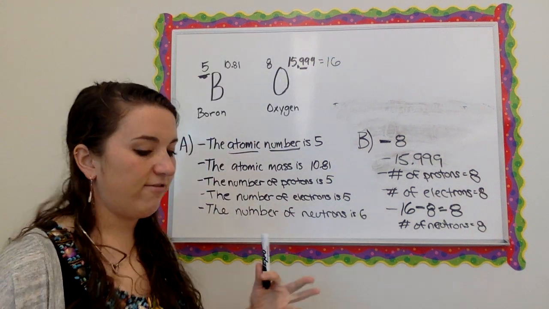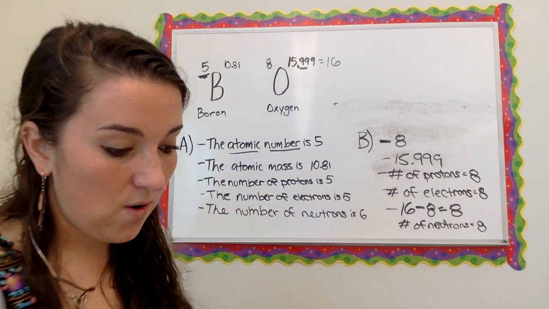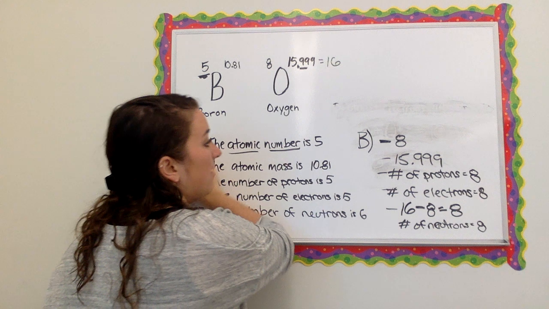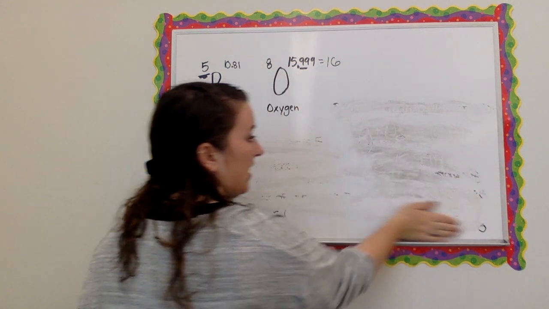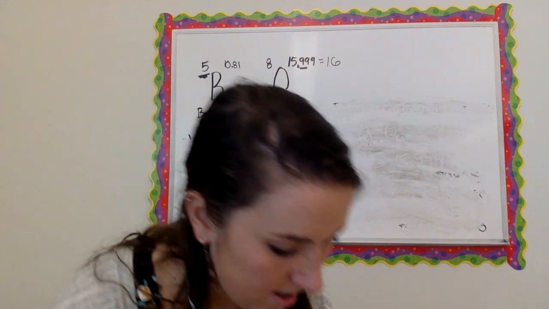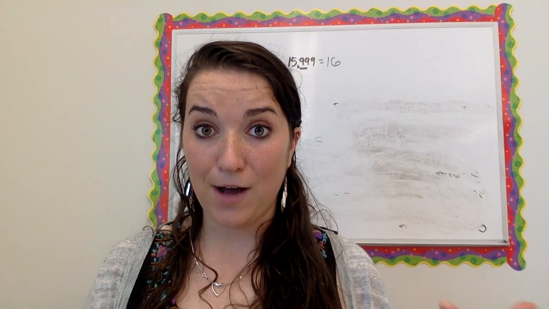Okay, now we're finally getting to the math, our favorite part. So part C, it says, what is the sum of the atomic mass of fluorine and the atomic mass of oxygen?